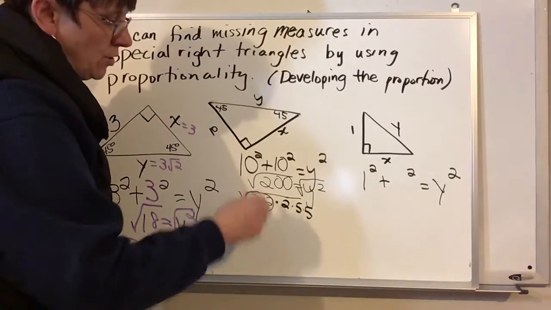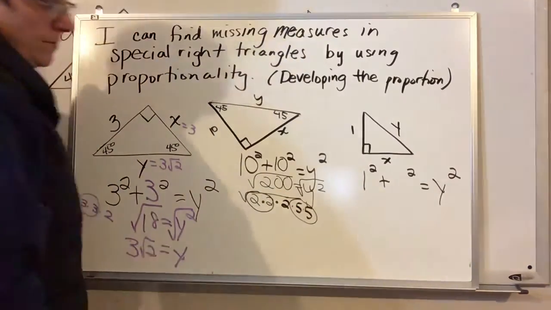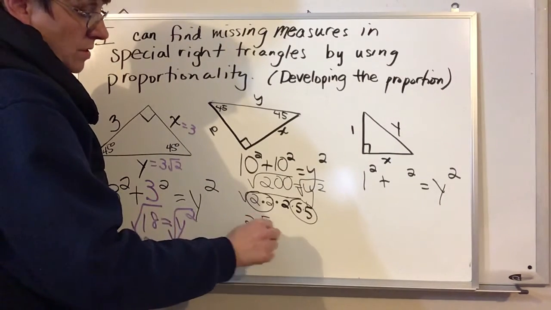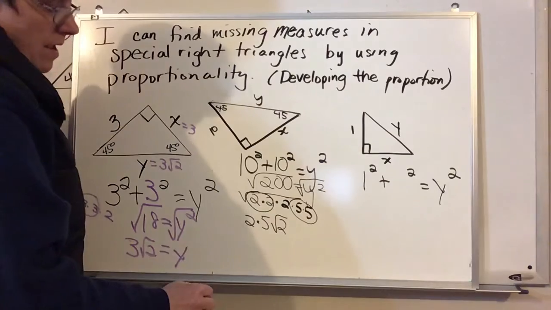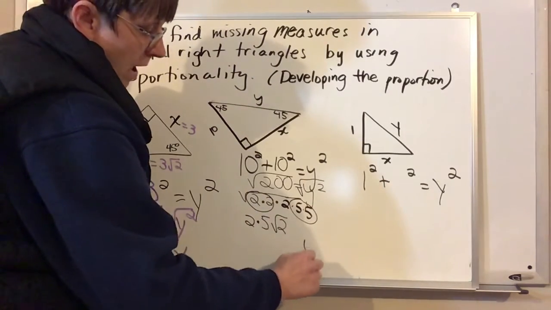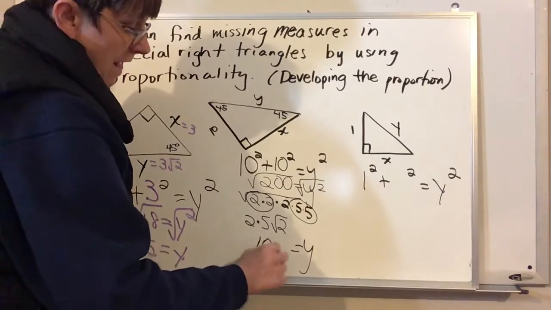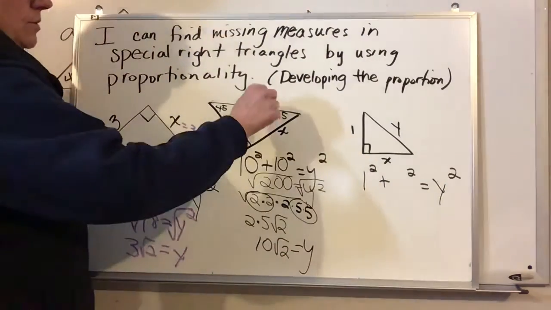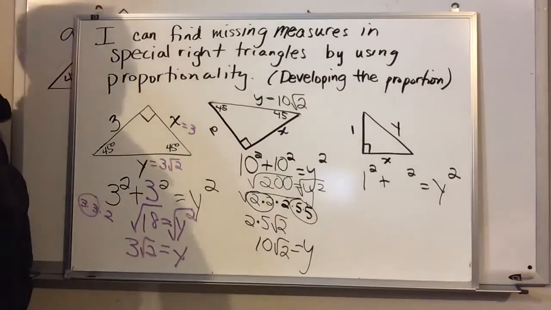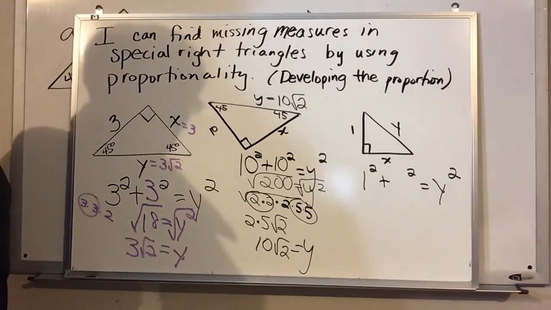So I have a pair of 2's and I have a pair of 5's. So 2 times 5 can come out and the square root of 2 is going to stay in. So I'll find out that y is equal to 10 times the square root of 2. In the last problem, y, the hypotenuse, was equal to 3 times the square root of 2.